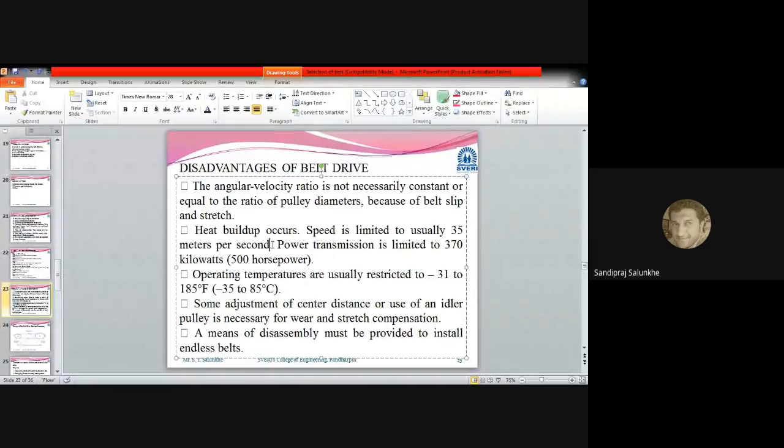So can you do this calculation? 35 multiplied by 3600 divided by 1000. It comes to 1260 kilometer per hour.